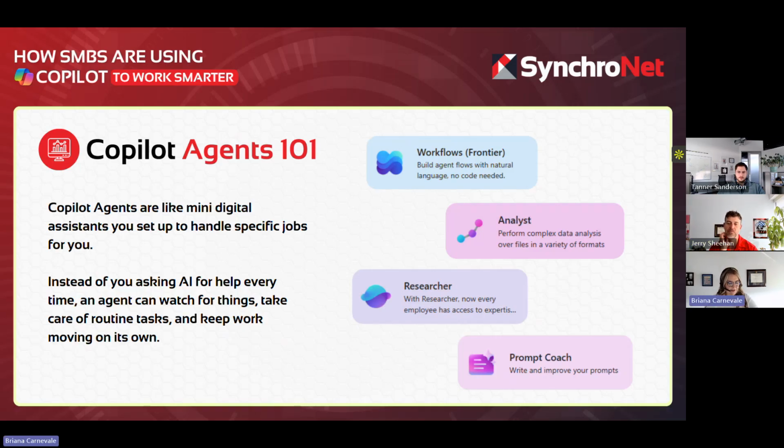Another feature in Copilot are their built-in agents. If some of you are familiar with ChatGPT, they have custom GPTs that you can build. Copilot has the same kind of idea with their Copilot Studio. And then they also have these pre-built agents that come with Copilot. Essentially, it's as if you took that same chat window that you would do any of your normal chats with, but they put more framework around it, so it's only focusing on a specific task or area.